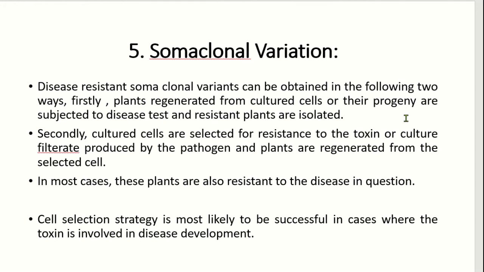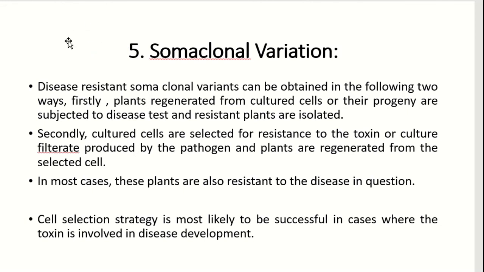Next thing is somaclonal variation. Somaclonal variations can be obtained in two ways. First, plants are regenerated from cultured cells, or their progenies are subjected to disease stress, and the resistant plant is isolated. That means when the cell is cultured, it will form a callus.